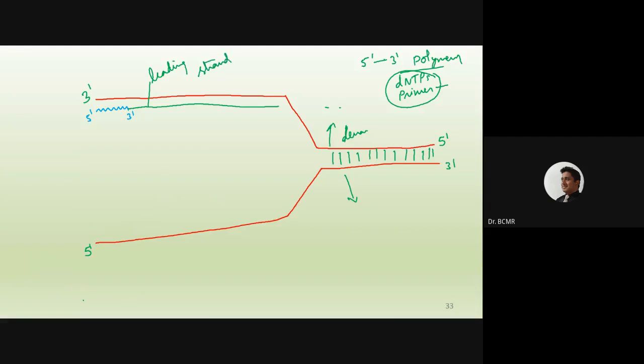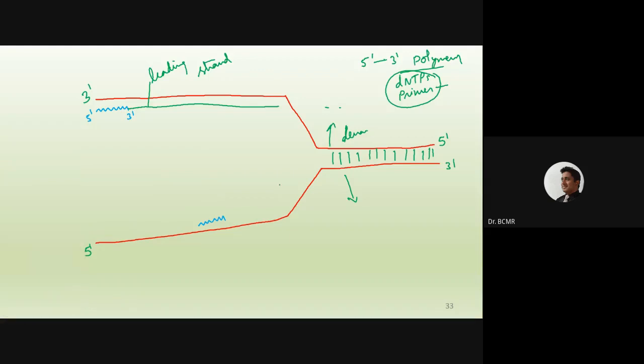There is another strand, and the problem is discussed looking at the lower strand. The problem is you have a primer here, say, for example, and now polymerization should occur. How would that polymerization happen?